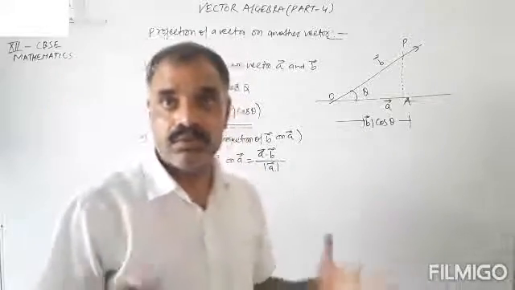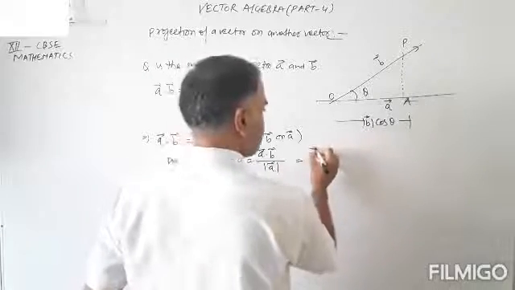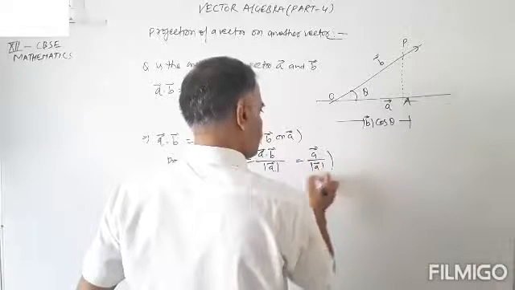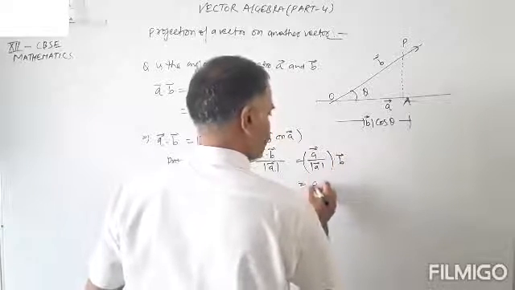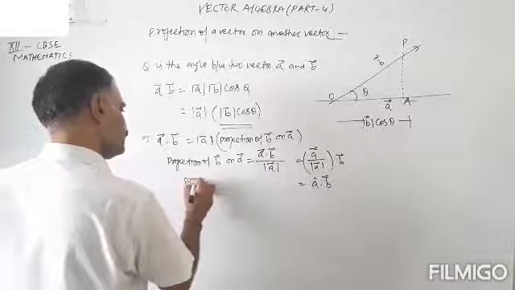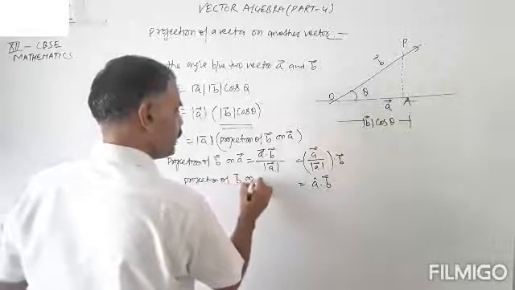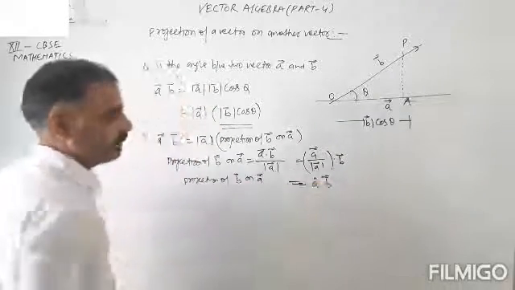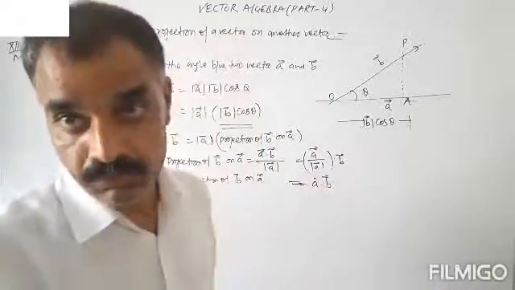This can be written as A vector divided by magnitude A vector, dot B vector, which is A cap dot B vector. So the projection of B vector on A vector can also be written as A cap dot B vector.